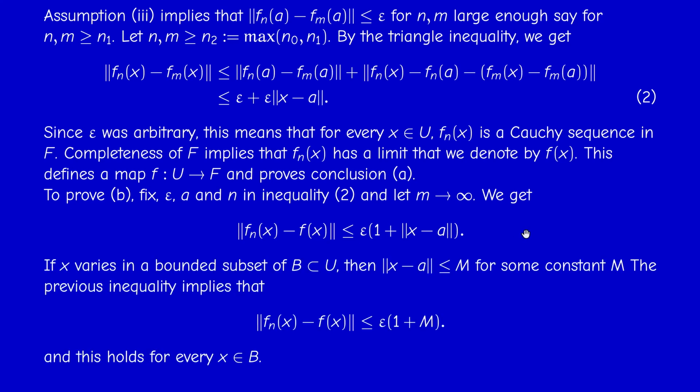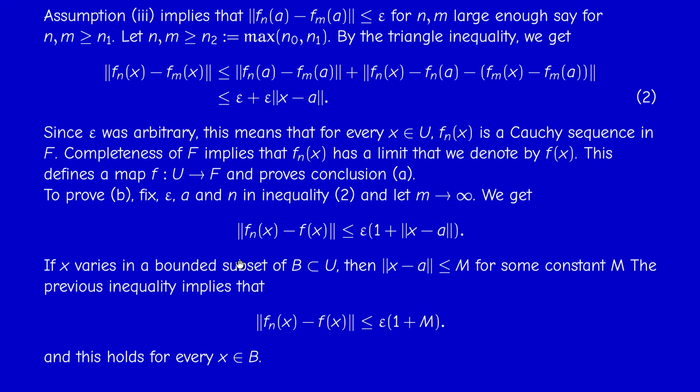Now if x varies in a bounded subset B, then the distance between x and a is bounded by a certain constant M, as you may easily check. So the norm of Fn of x minus f of x is less than epsilon times a constant.